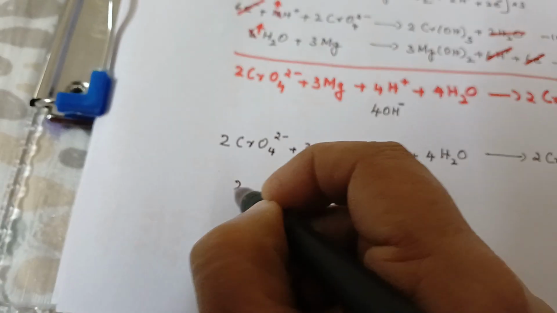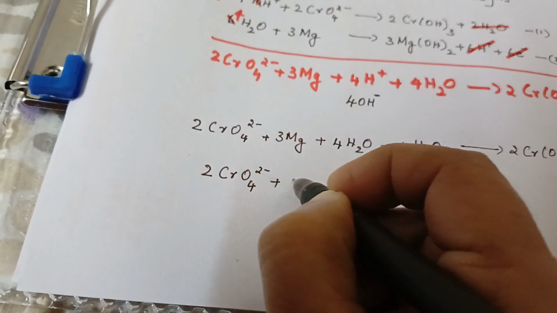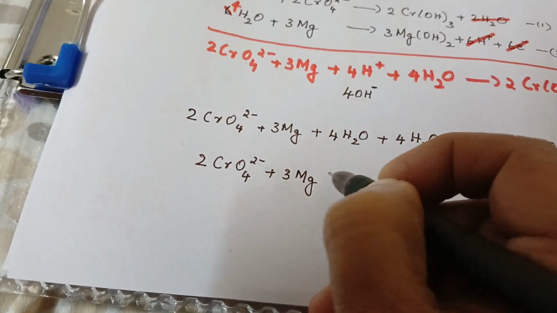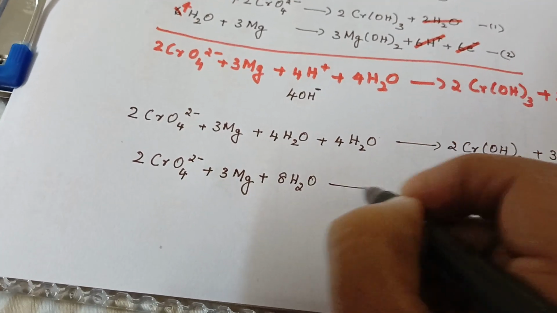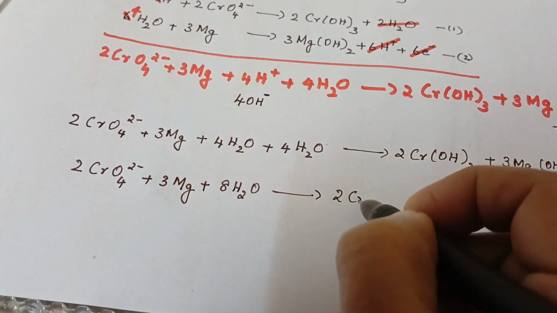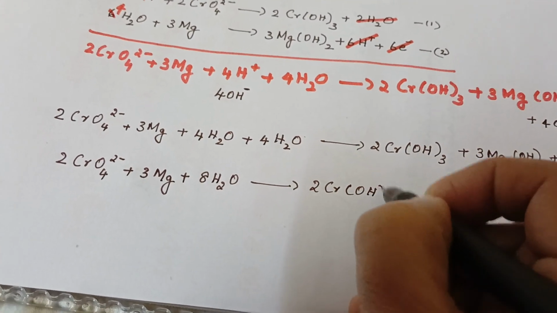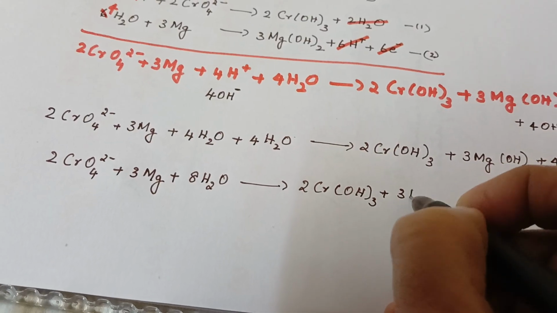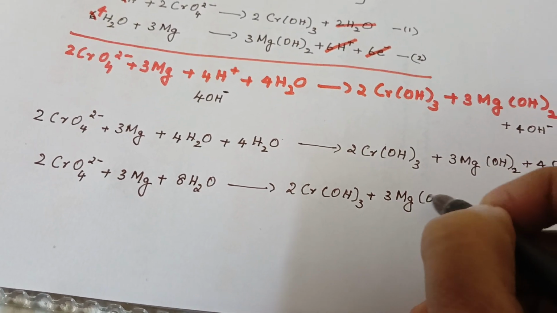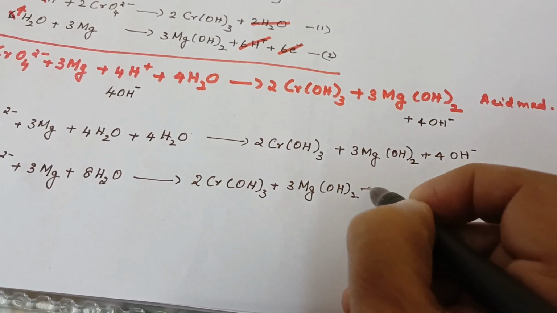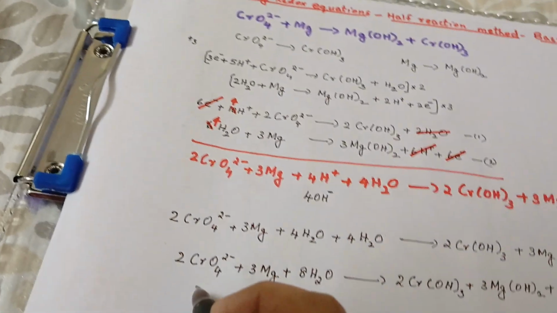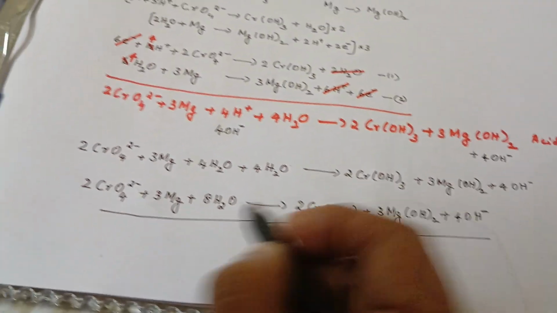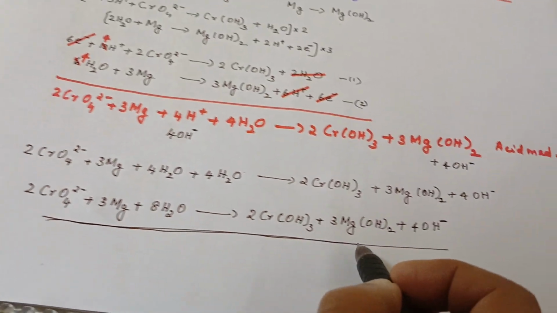So we will get 2 CrO4 2 minus plus 3 Mg plus 4 plus 4, 8 H2O, giving 2 CrOH thrice plus 3 MgOH twice plus 4 OH minus. So this is our balanced redox equation. This is in the basic medium.